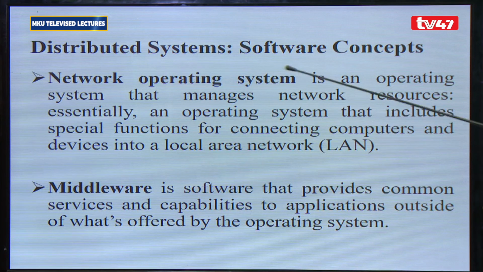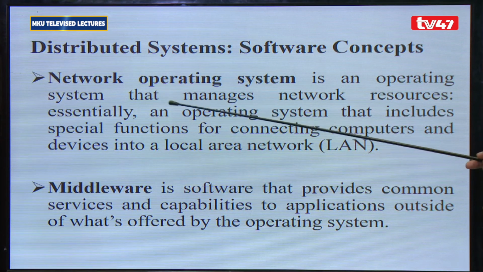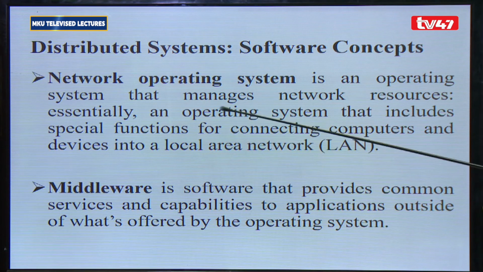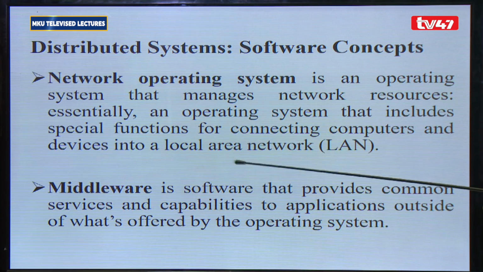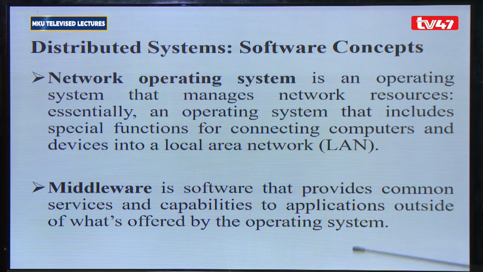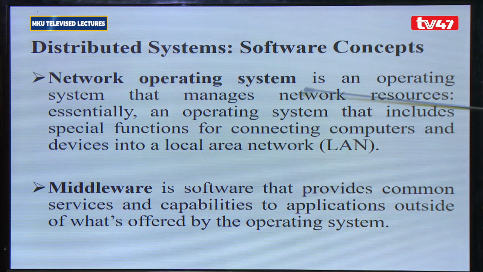A network operating system is an operating system that manages network resources, especially one that includes special functions for connecting computers and devices in a local area network. I can give you an example. In most cases, we have Linux for open source, and then we have Microsoft servers with the directory settings. That's an example of an operating system.